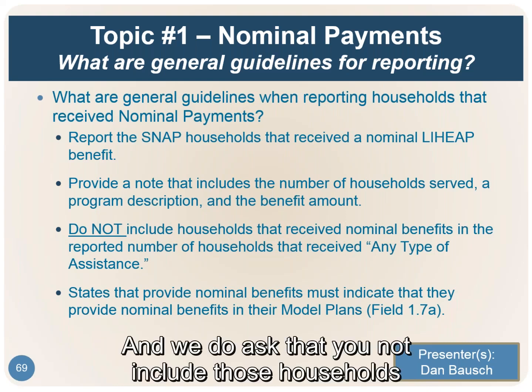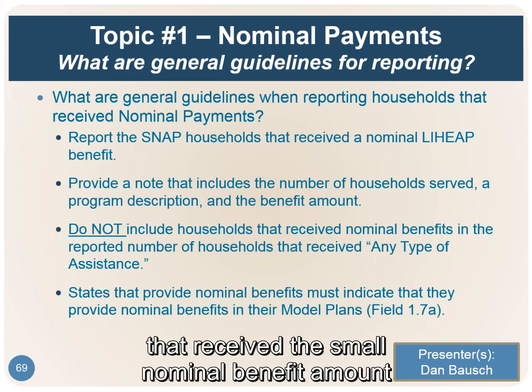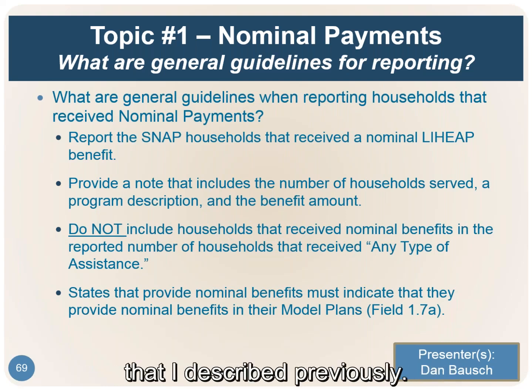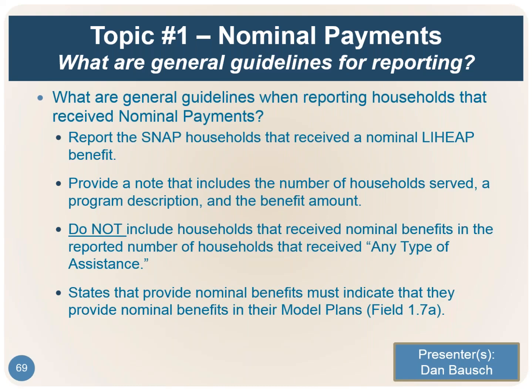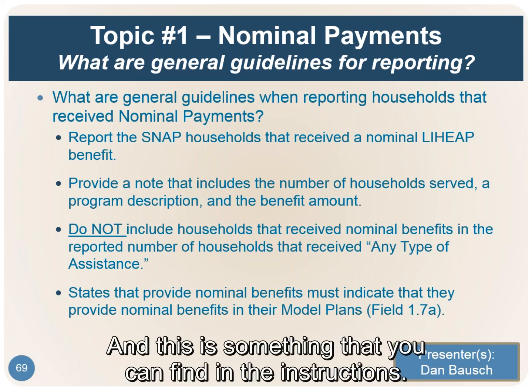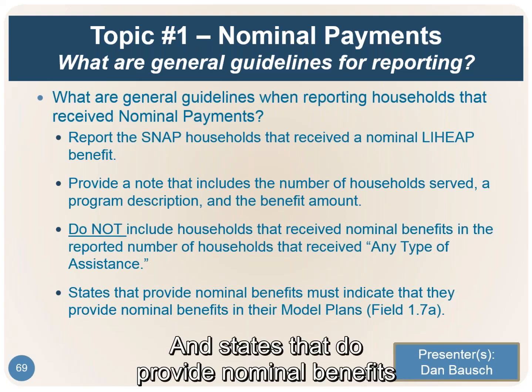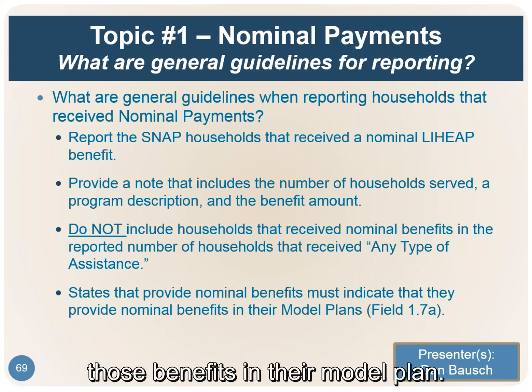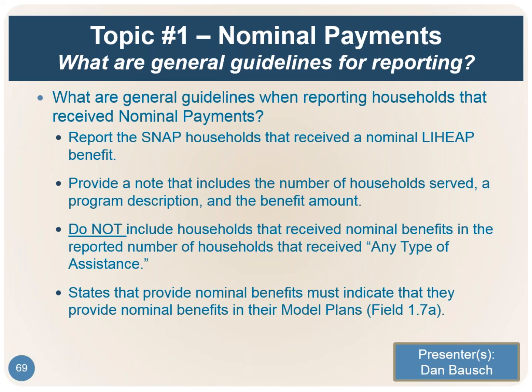And we do ask that you not include those households that received the small nominal benefit amount in your any type of assistance count that I described previously. And this is something that you can find in the instructions. And states that do provide nominal benefits must indicate that they provide those benefits in their model plan, and the field for that is 1.7a.